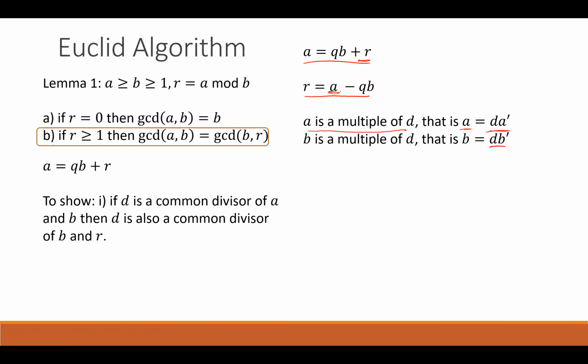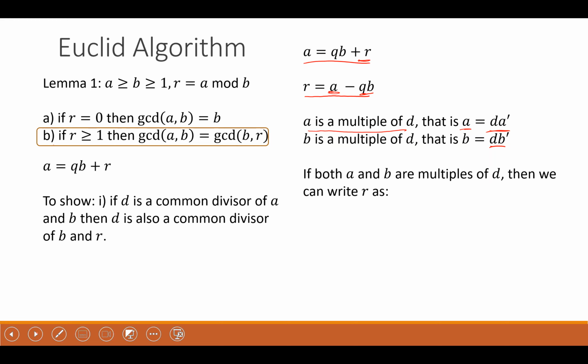And then I can plug these values in here, and then I can see that R is equal to dA prime minus Q times dB prime. Right? So I'm simply taking this, which I got with a little bit of algebra, and plugging in these values.